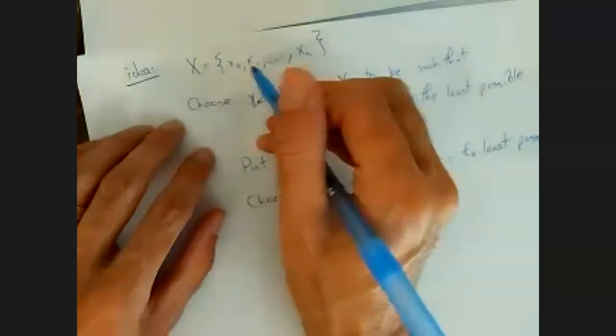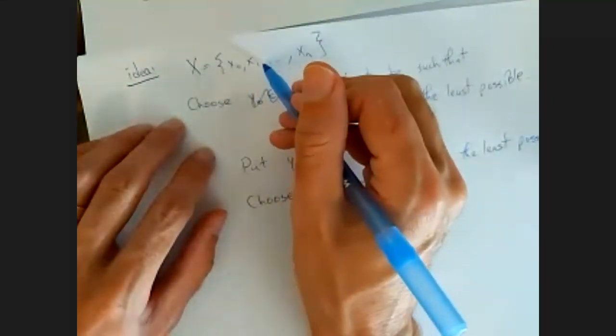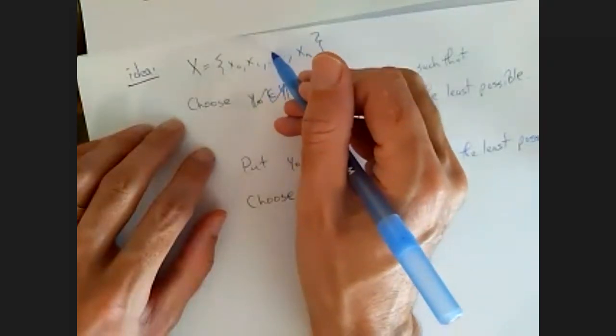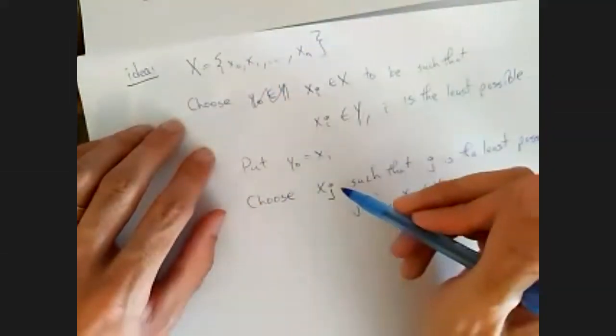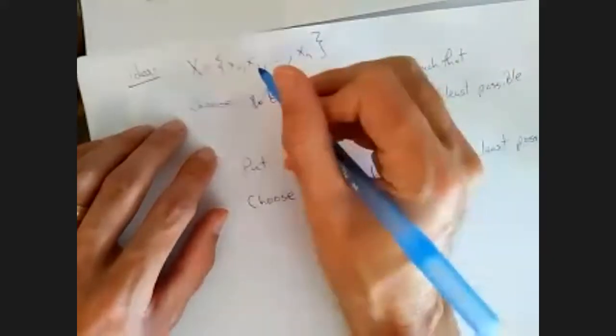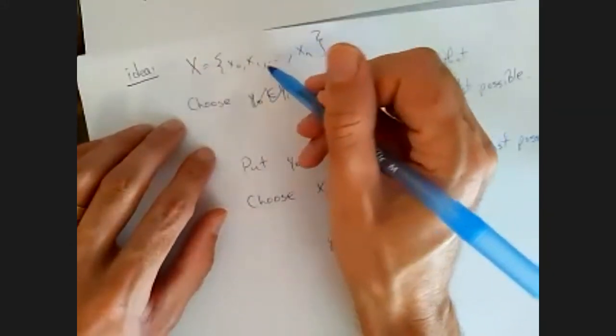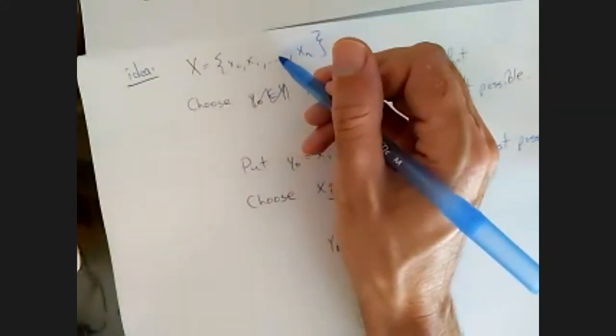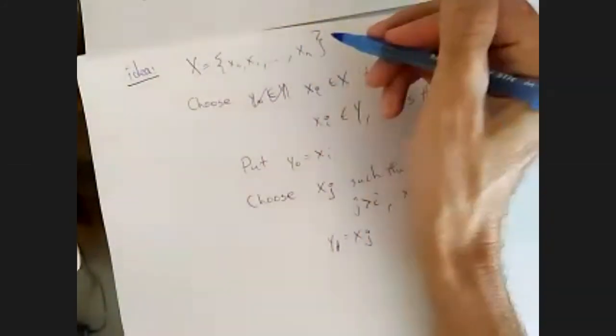Find the first occurrence of an element of Y and find the next one, call that Y1. Put Y1 equals Xj. And then find the next element of Y, call that Y2, and just keep on going. And eventually you've got to reach the end.